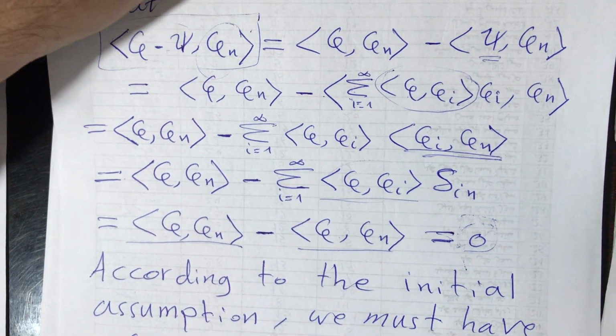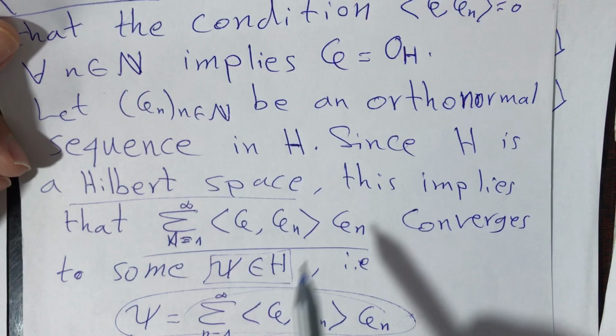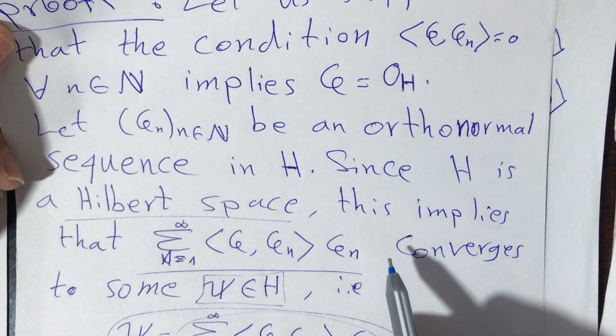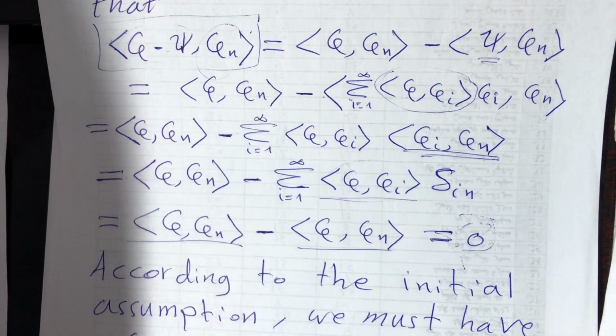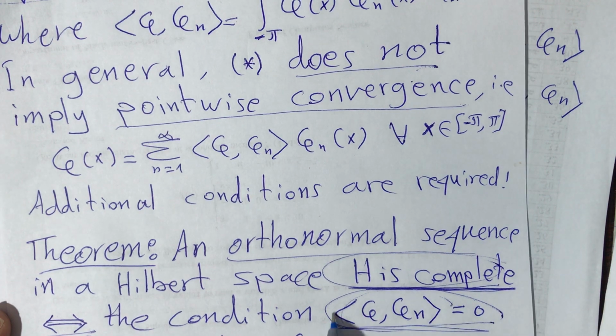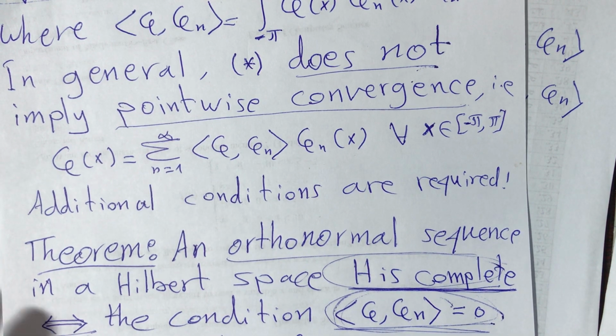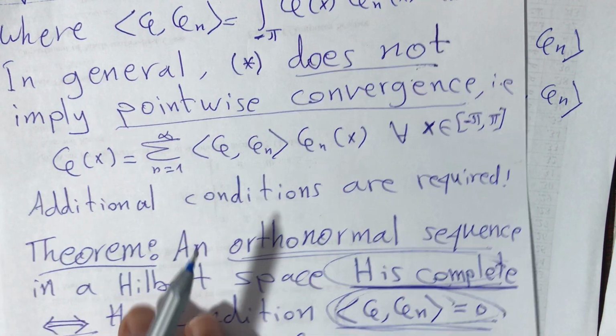And now from this theorem, we know when the orthonormal sequence will be complete. If this condition here, page number 2, is satisfied, phi n equals 0 implies phi equal to 0, then the orthonormal sequence is complete.